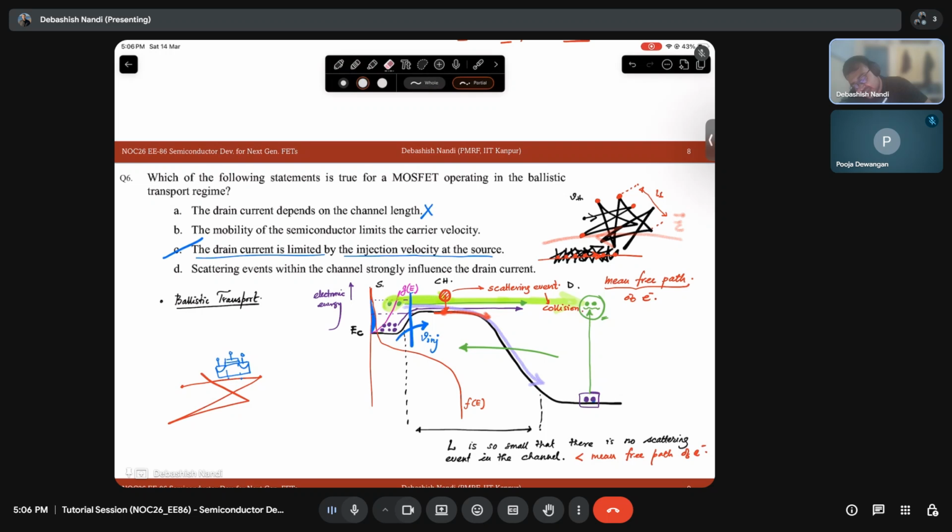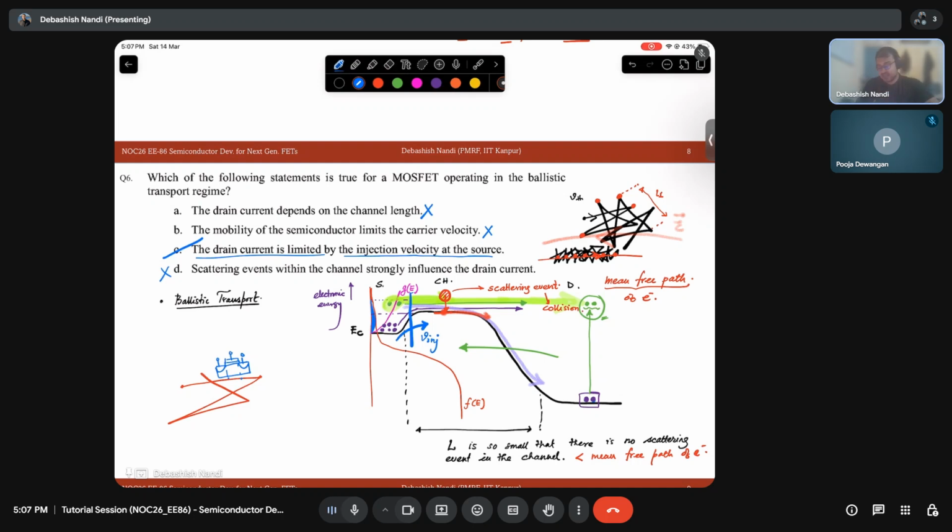Does the mobility of the semiconductor limit the carrier velocity? Of course not. What is the mobility concept here? There is no scattering. Do scattering events within the channel strongly influence it? Of course not, there is no scattering event. That is why it is called ballistic transport.